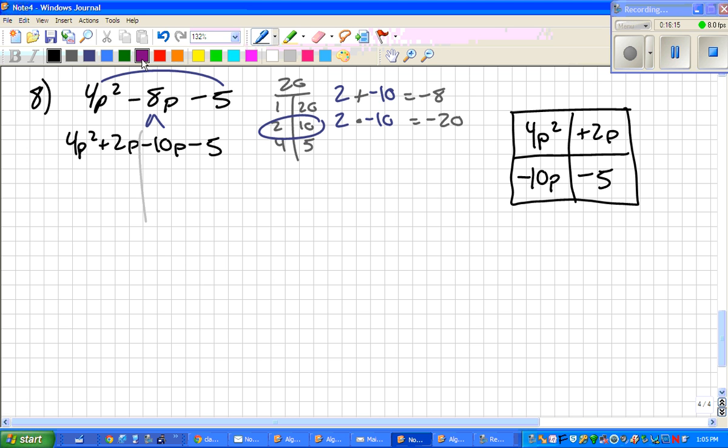Okay, so the GCF of the top two is 2p and the bottom is negative 5. So the left column we get 2p, and then the right column it's positive 1, and then right there once again we get 2p minus 5 and 2p plus 1.